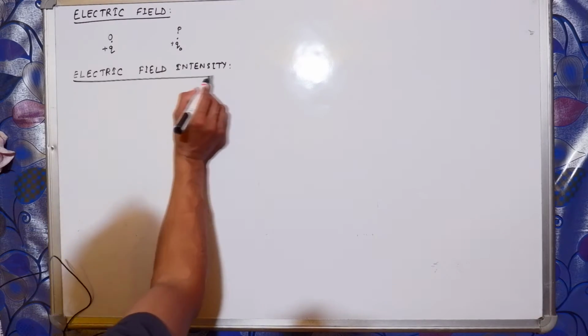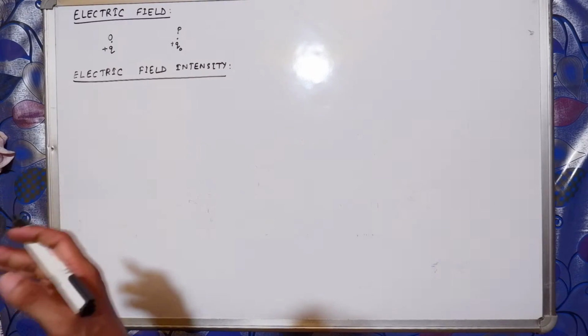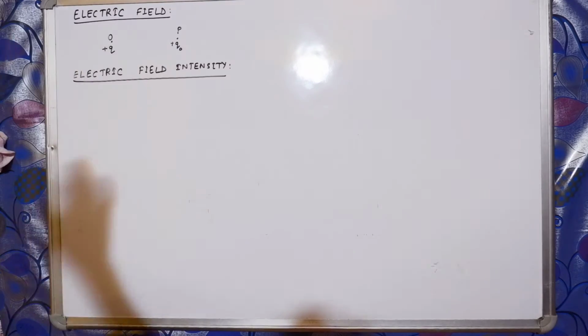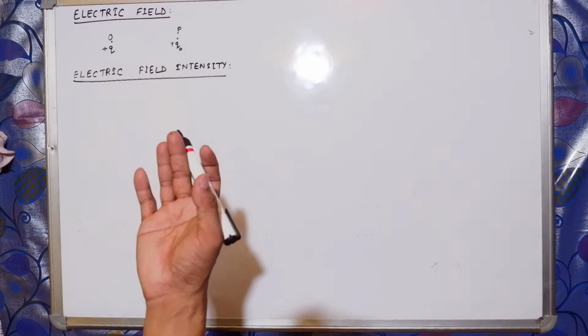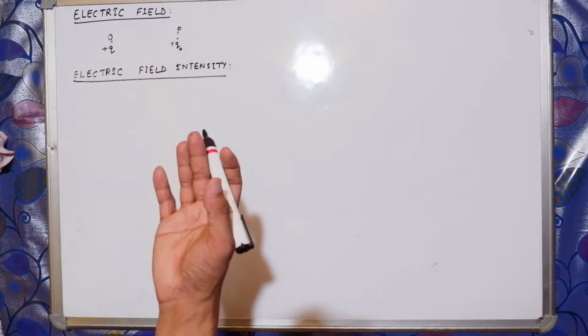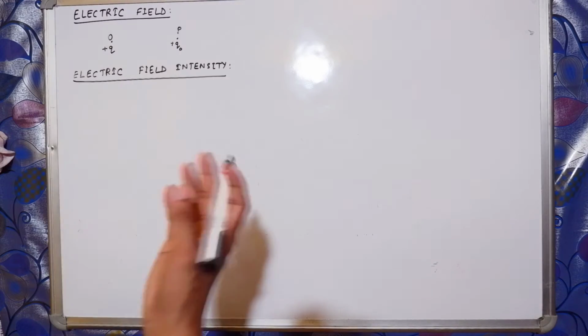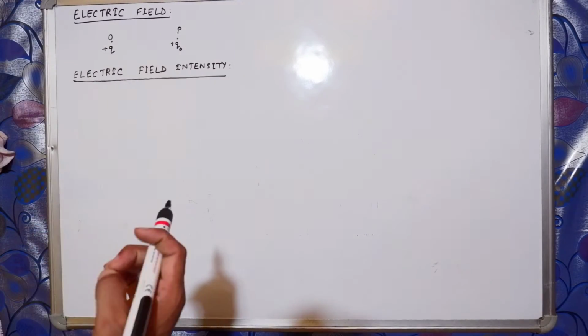After learning what the electric field is, that means the field which is developed by the charge around itself, any other charge which is approaching or coming close to it will experience a force. So now let us see what the electric field intensity means.